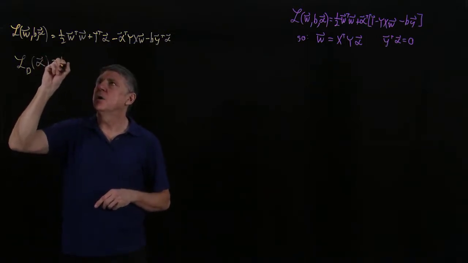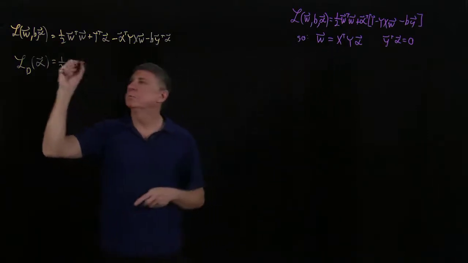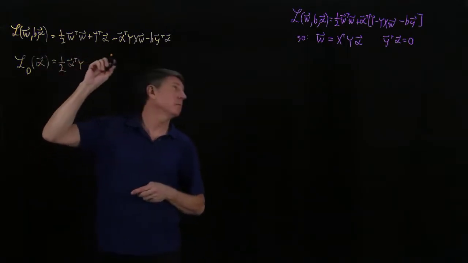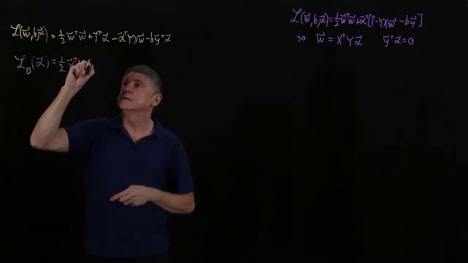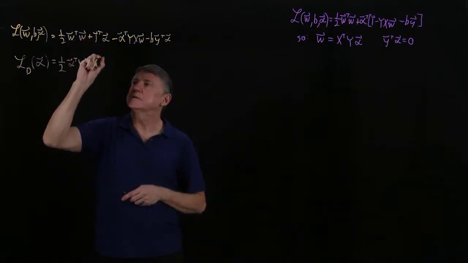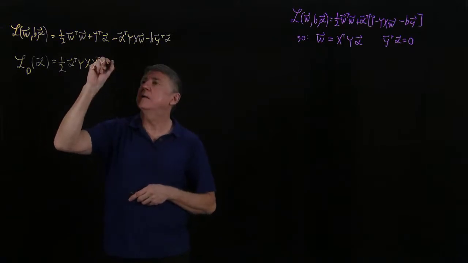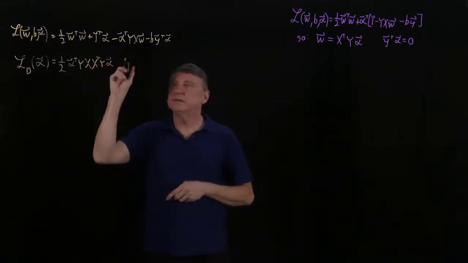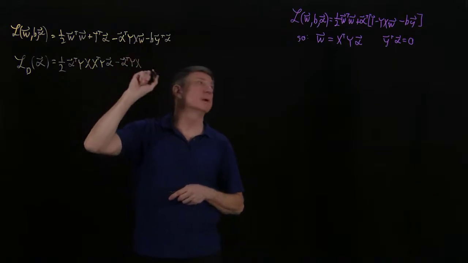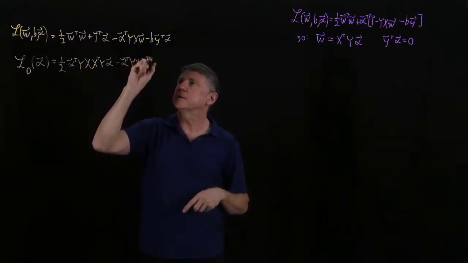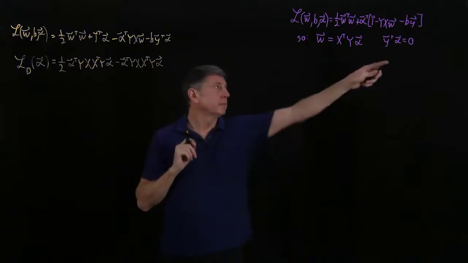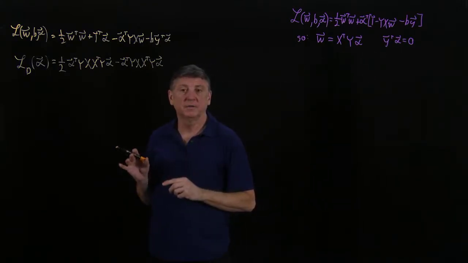And that is 1/2 of W transpose, which will be alpha transpose Y transpose, but that's Y, X transpose transpose is X, and then substitute in W, that will be X transpose Y alpha, minus alpha transpose YX, and now for W we substitute in X transpose Y alpha, and then this term disappears because of the stationarity constraint on the primal Lagrange function.